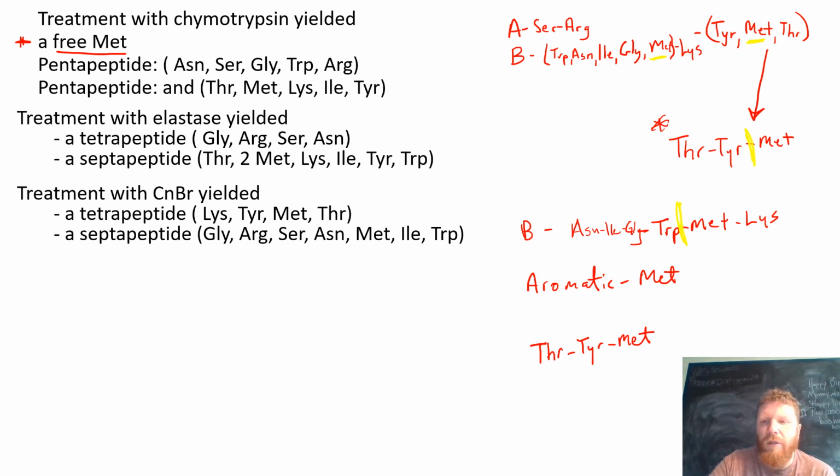Okay, so this doesn't solve our overall structure for our peptide, but it gets us a little bit closer. So now what we need to do is look at our other two results.